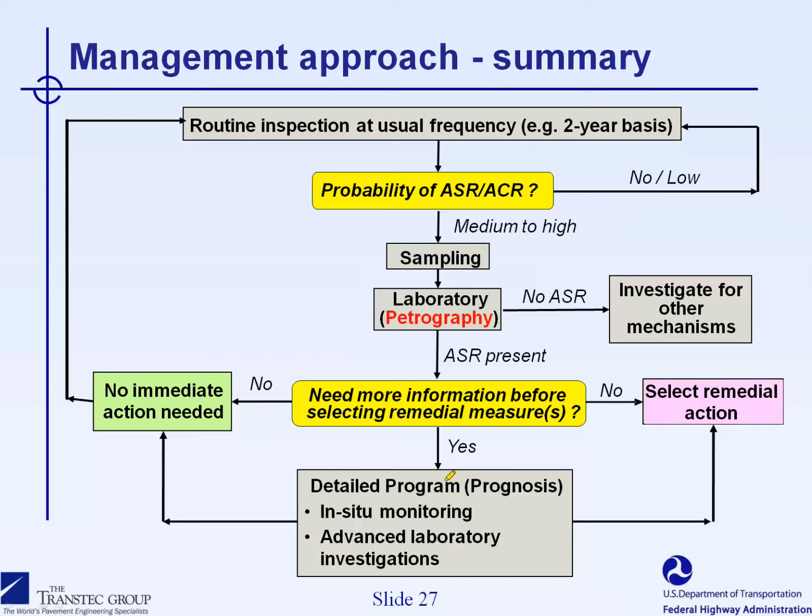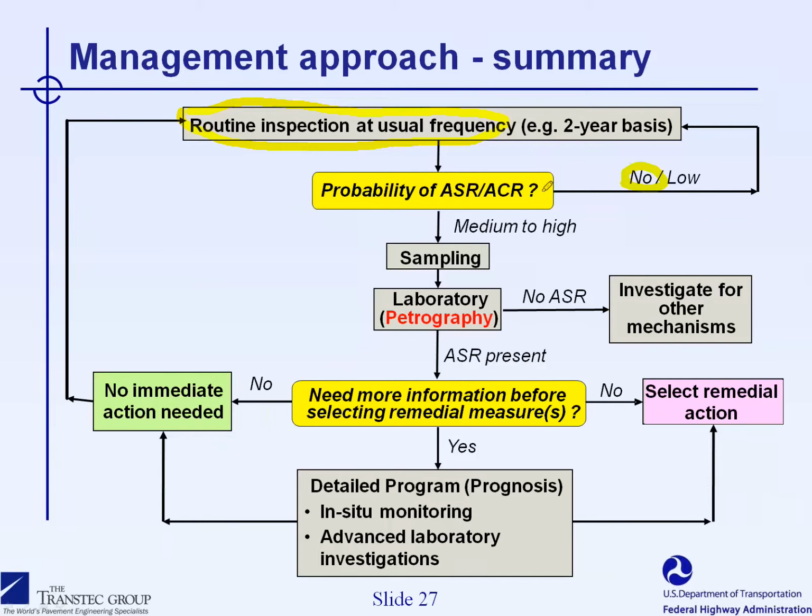So going back to our flowchart, now that the routine inspection has been done, the question that is up to the inspector and the engineers: what is the probability of ASR in that structure, in the pavement or the bridge? So obviously, all the information that was obtained from the routine inspection is going to be used for establishing that probability.